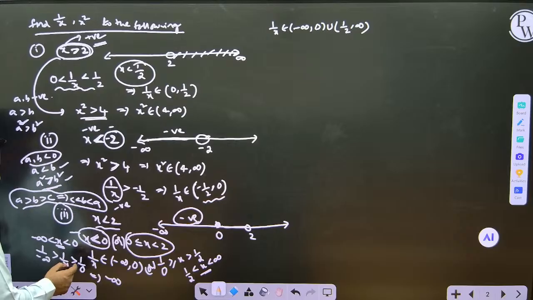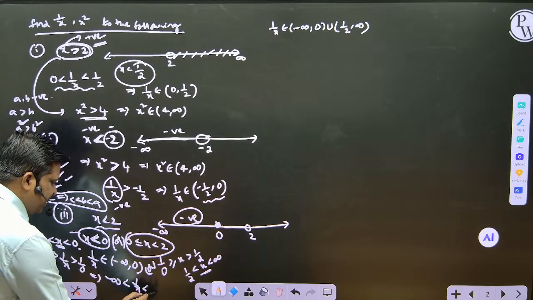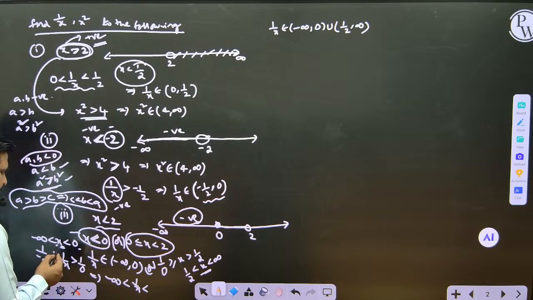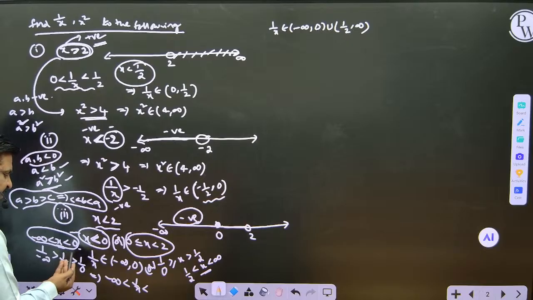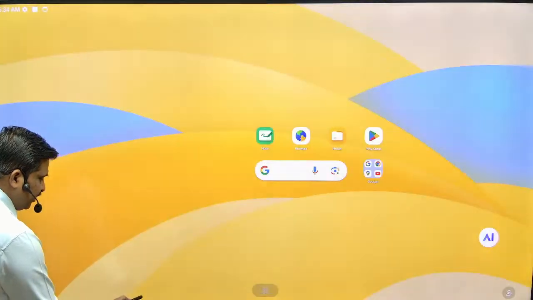I am writing it in reverse, but that infinite I am taking as minus infinite. Why am I taking it like this? Because I have taken x values as negative. So that infinite should also be negative, and 1 by infinite is 0. So it lies between where to where.